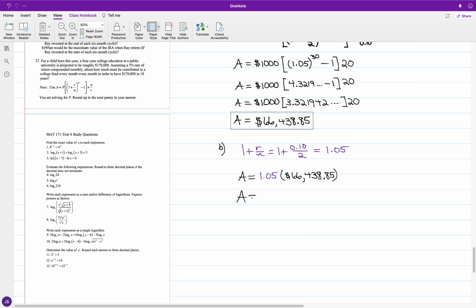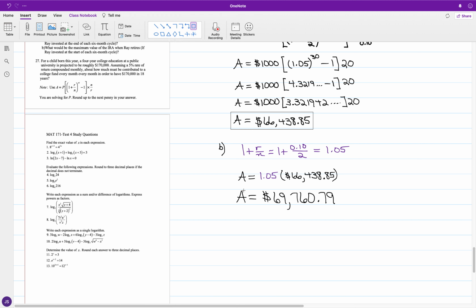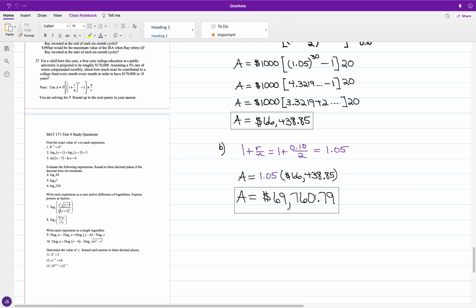In this case, we're going to have A is equal to $69,760.79. Okay. All right. Now, this could also be looked at as how much you need to sock away every so often.